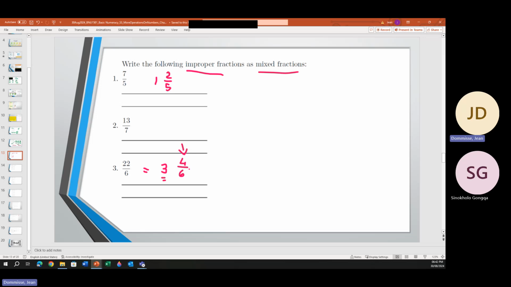Especially in the exam assignments, one can still get away with it. But if you're in the exam and you need the points, then please use your calculator to work out something like this, because it will tell you what the whole number is if you say 22 divided by 6.